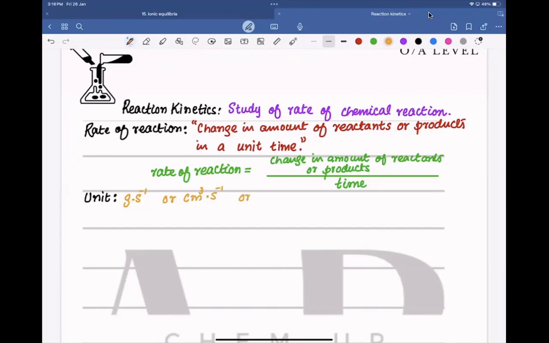Or if we are recording the change in concentration, so it is going to be mole per dm cube per second. And in most cases, we use this, that change in concentration over time. Is this understandable to both of you? Yes. Okay.